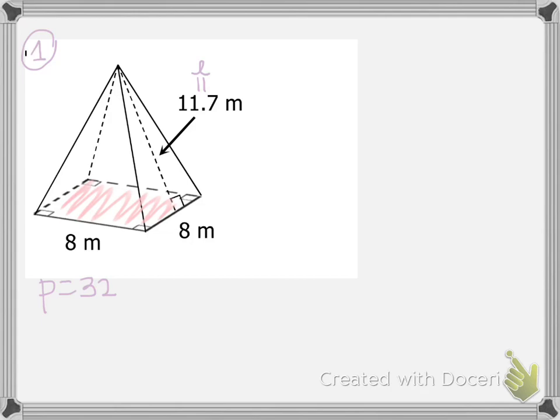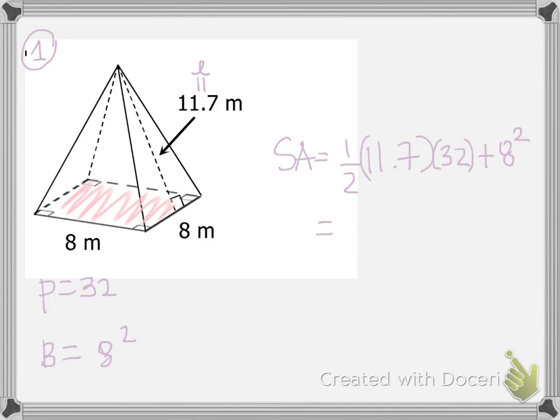And then the area of the base is just going to be the base squared. So the surface area is going to be 1/2 times your slant height times 32 plus 8 squared. So that's going to be 187.2 plus 64, which is going to be 251.2 meters squared.